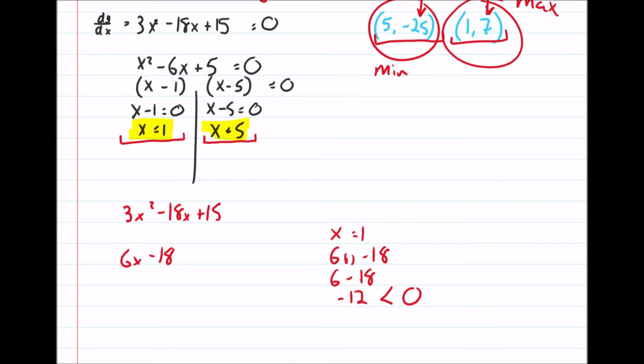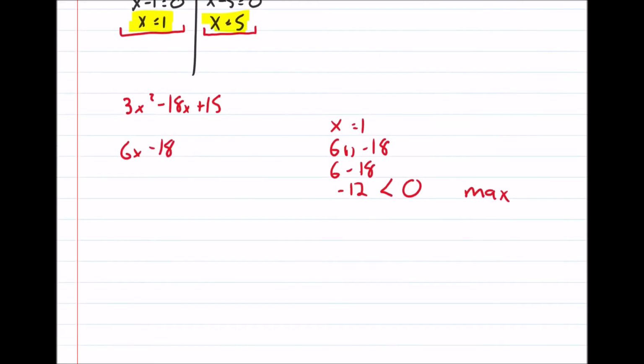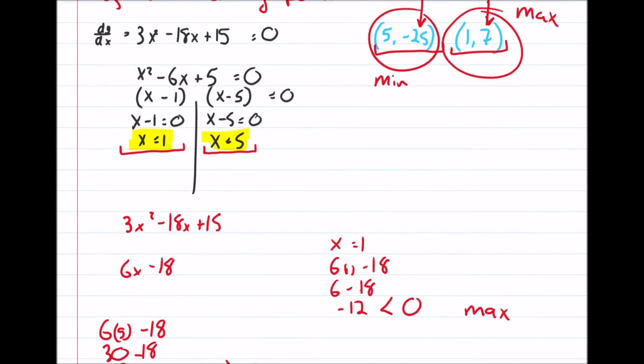So therefore that is our maximum value. And likewise, if I put in 5 for the x, I will get 12, and 12 is greater than 0, so it's the minimum, which I suppose just reiterates what we said up here.